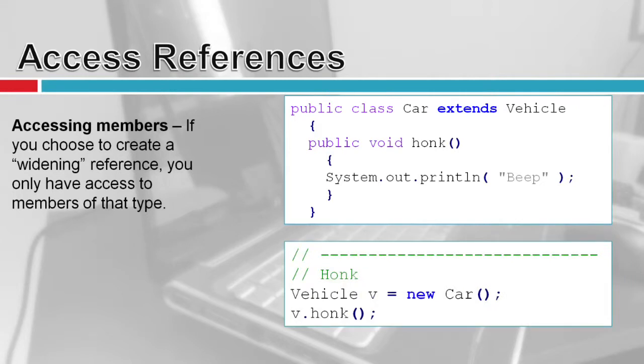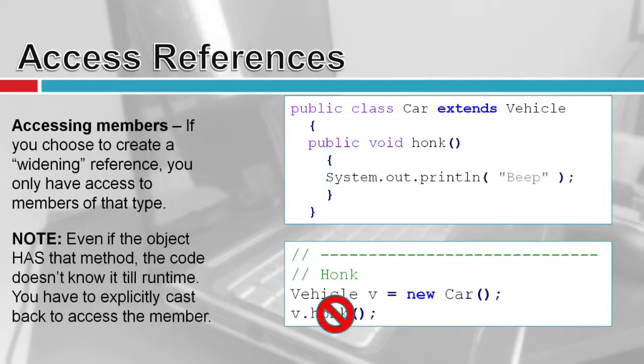So if I widen my reference, I create a new car and assign it to vehicle, and I try to call honk on it, the compiler will stop me, saying, hey, I'm looking at vehicle and vehicle doesn't have a honk. At compile time, it'll say I can't call this, even though the car actually has a honk function, the vehicle does not.